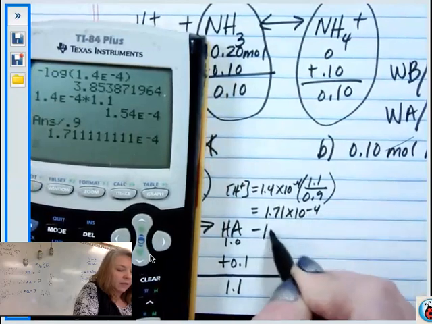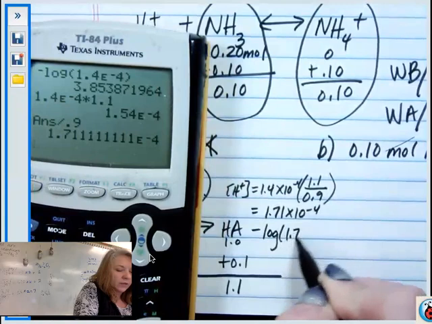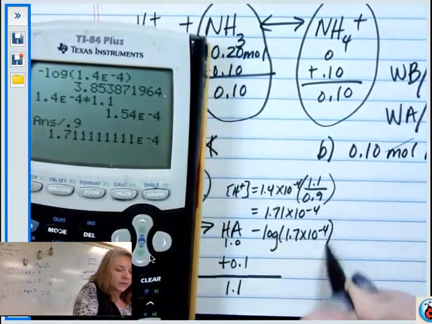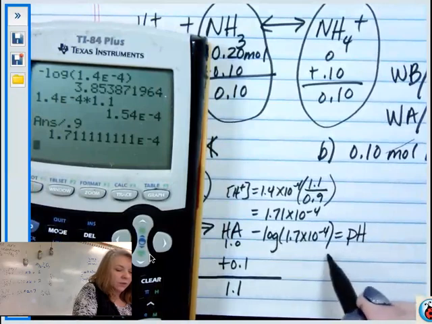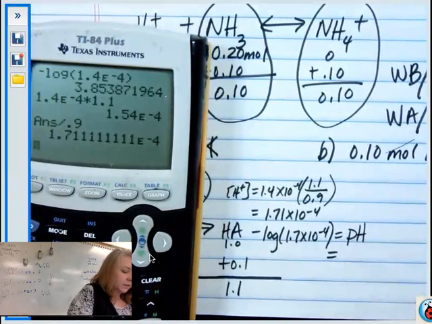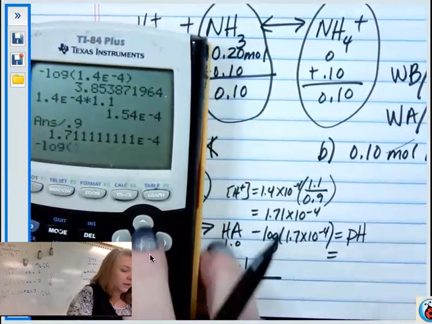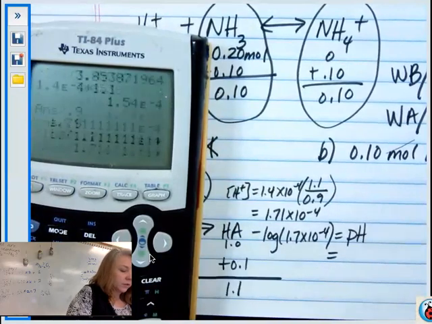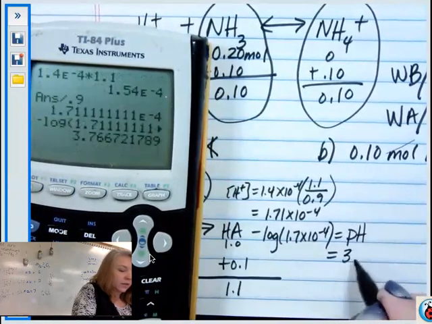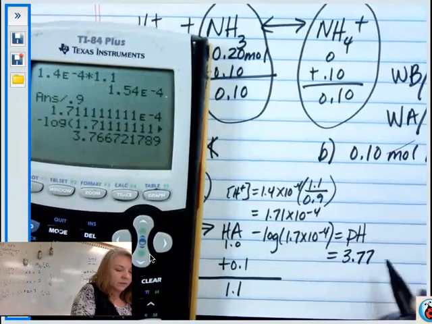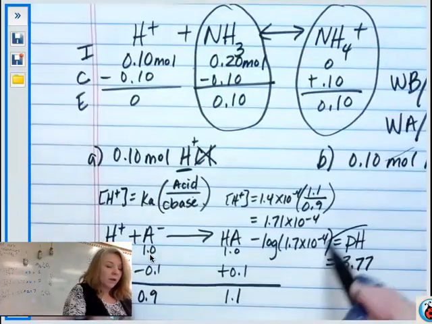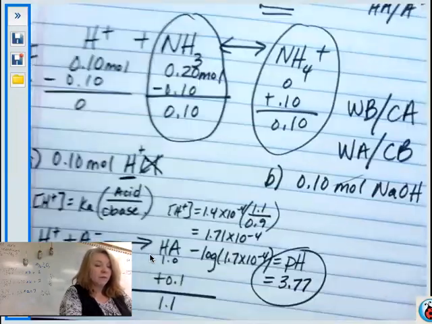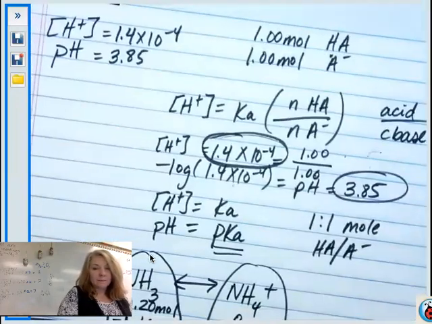Taking the negative log of that value, it's going to give us our pH. So pH is equal to negative log of my number, enter, and I get 3.77 for the pH. Remember, the pH in our previous problem, just with the buffer, was 3.85, okay?